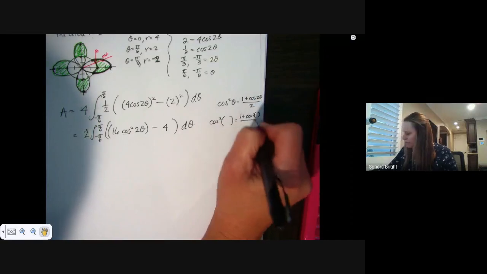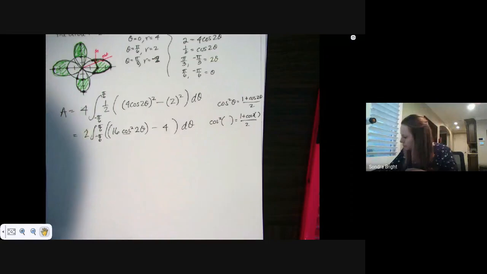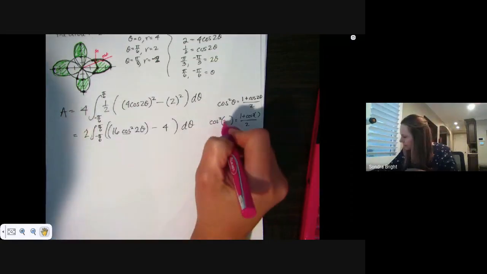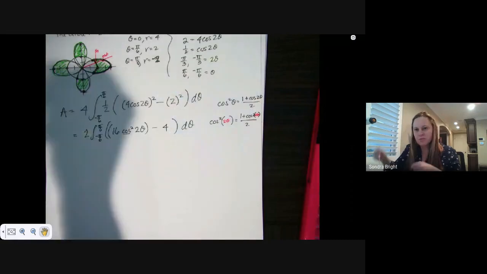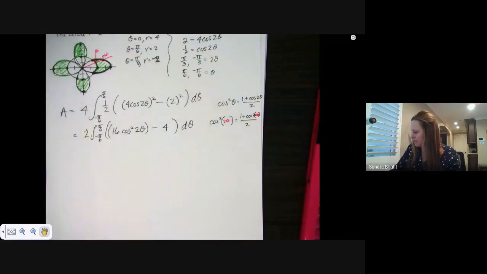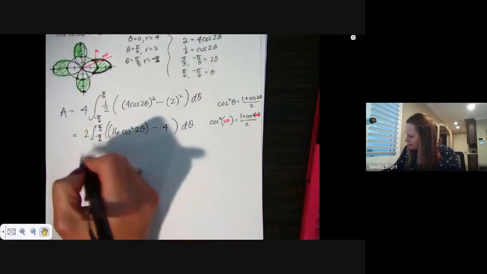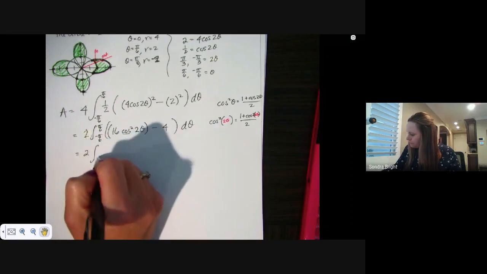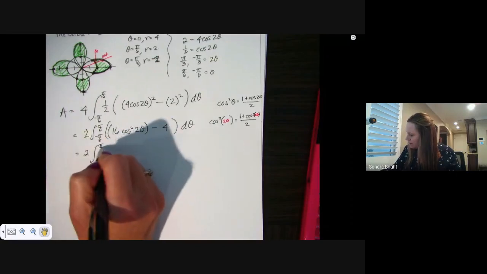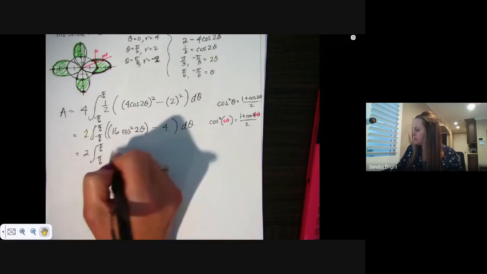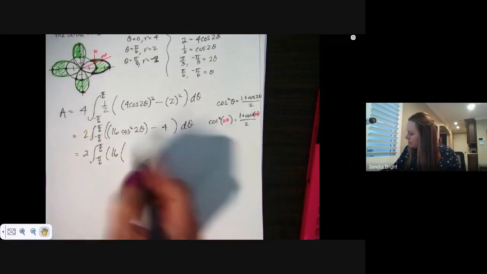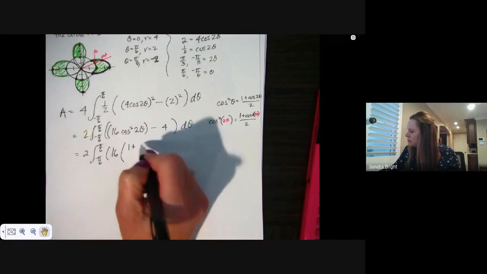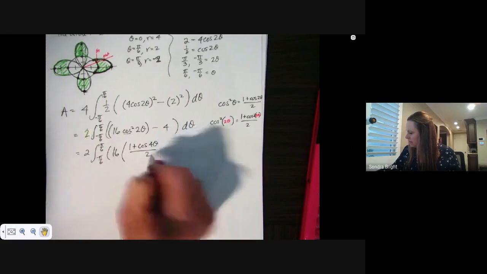Right now, my angle is 2 theta, so it's 2 times 2 theta, if that makes sense. So when I rewrite this, I've got 16 times the cosine squared of 2 theta is 1 plus cosine of 2 times 2 theta, so 4 theta, over 2, and then minus 4.